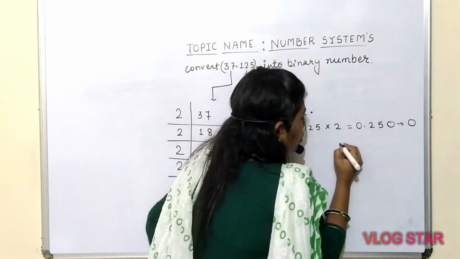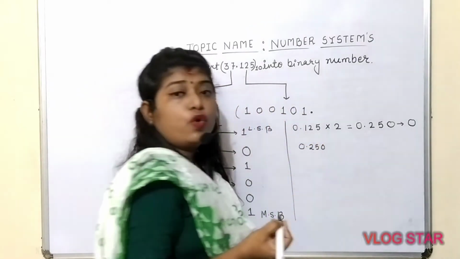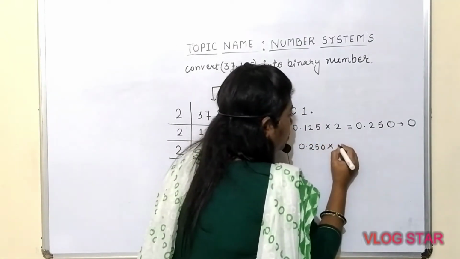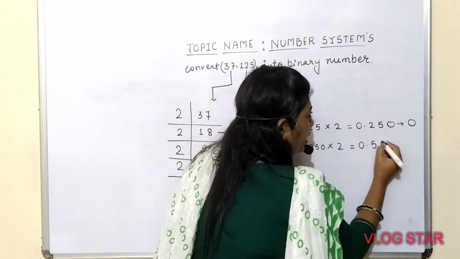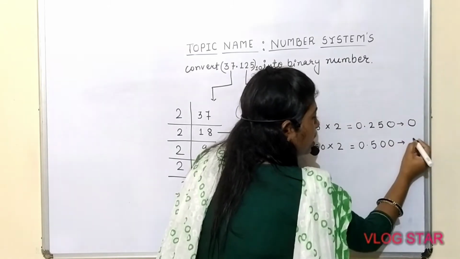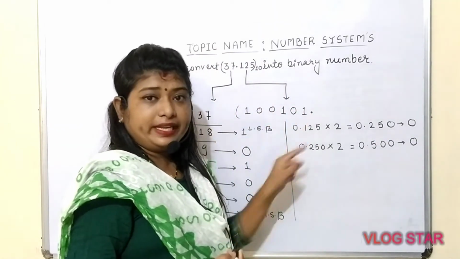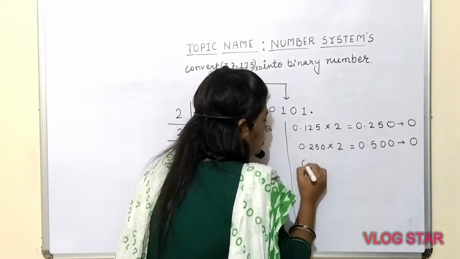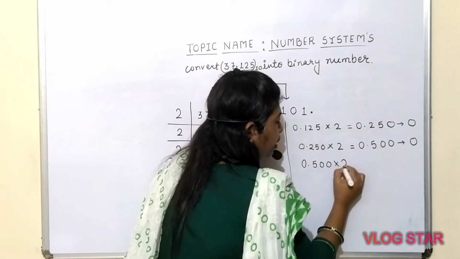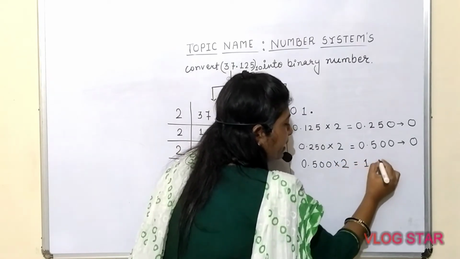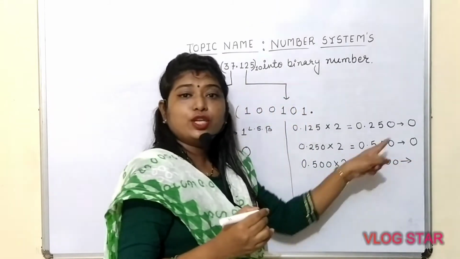Again you have to multiply the answer, that is 0.250 into 2. After multiplication, what you will get? 0.500. So again you need to take 0 as it is. I hope you are getting this. Then next would be 0.500 into 2. After multiplication, you will be getting 1.000.